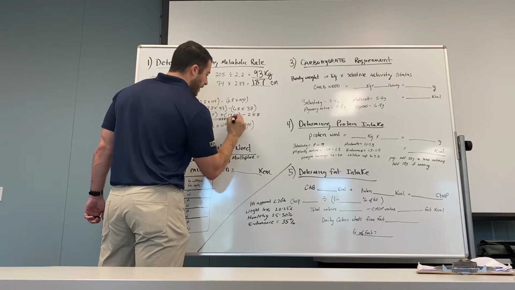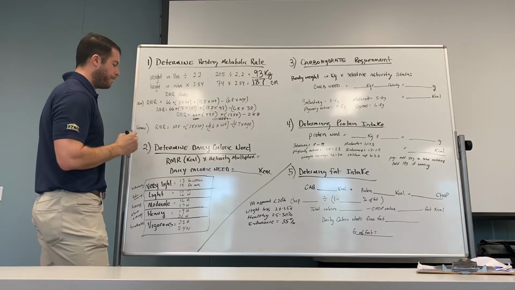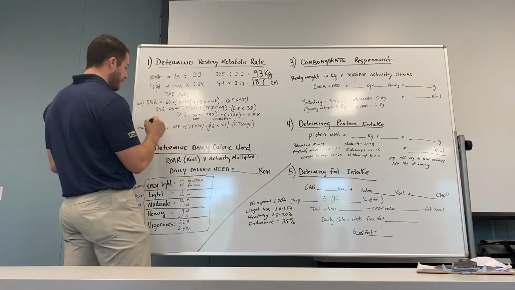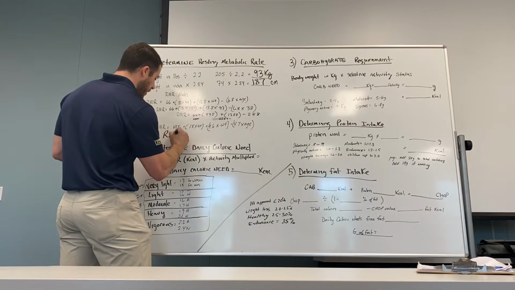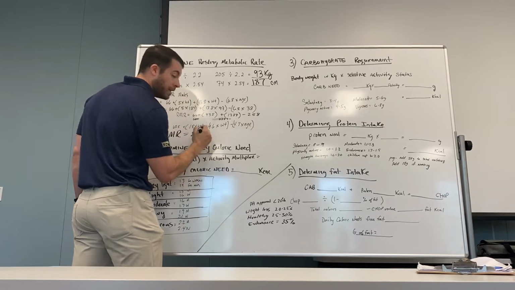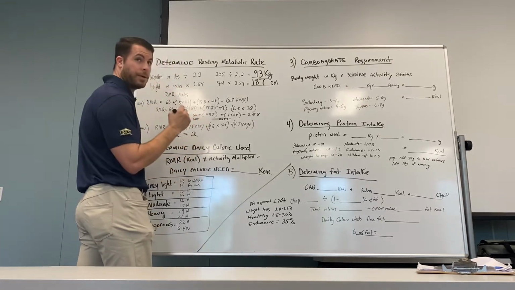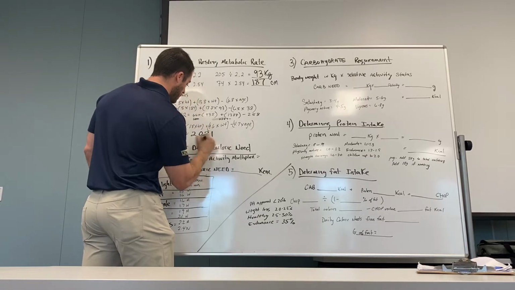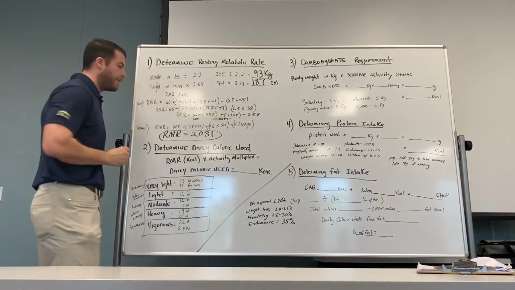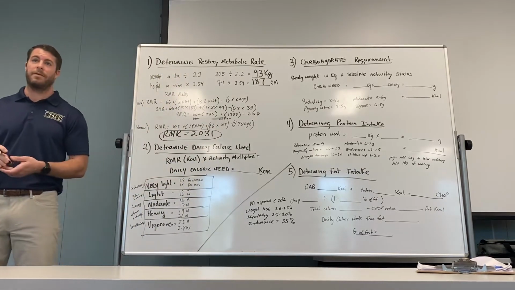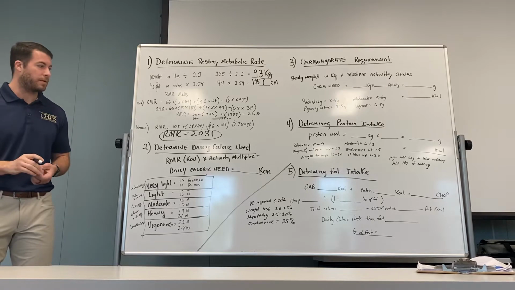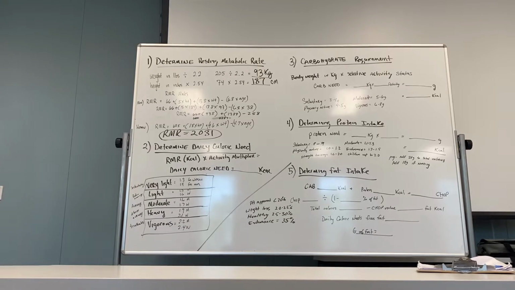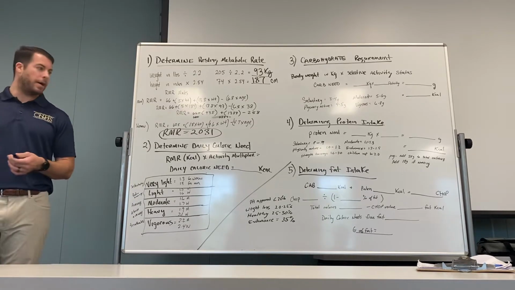We're gonna minus 258, which gives 2031. So we come up with RMR equals 2031. All right, so I need 2,031 calories, which, remember, we looked at the average male was around 2,000. Averages help us figure that out for most people. Most men around 2,000, most women around 1,500.